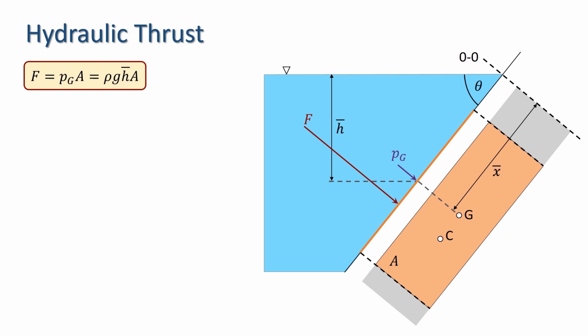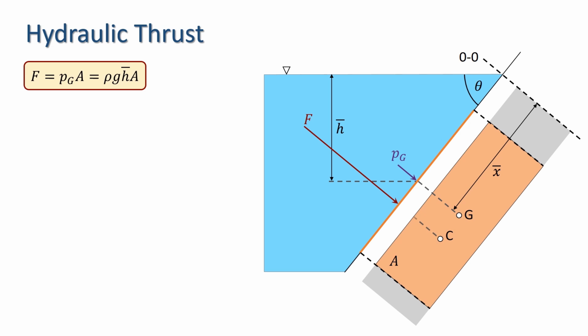The centre of pressure is the point of application of the hydraulic thrust F, which produces the same rotational moment effect around the axis OO as the hydrostatic pressure distributed over the surface of interest.